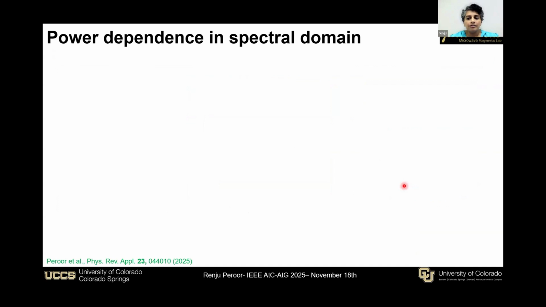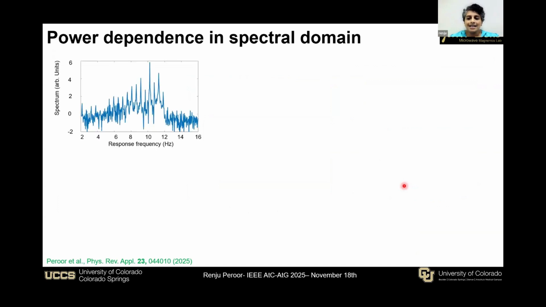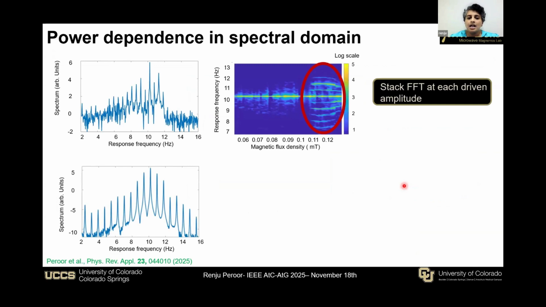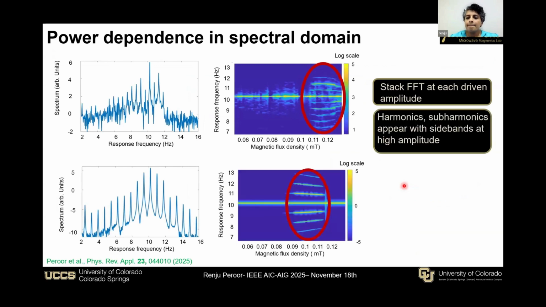Now, we went further with our experiment, and using this experiment, we compute the fast Fourier transform at each amplitude. So here it is at one amplitude and compared to that of the theoretical simulation. And they are pretty similar. And then we stacked them up into a 2D spectral map and compared again with the theory.